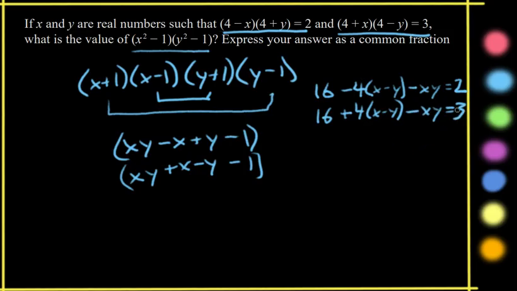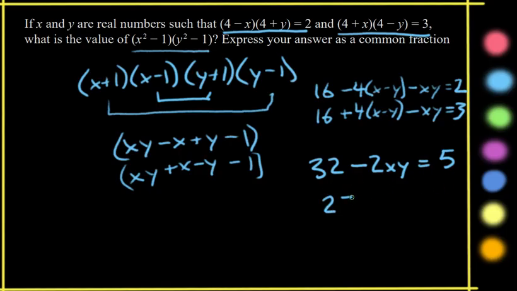So we can add and subtract these two equations and see what it gives us. Let's start by adding these two equations. That'll give us 32. All this stuff will cancel out, and then we'll have minus 2xy equals 5. Okay, so we subtract 5 and add 2xy.